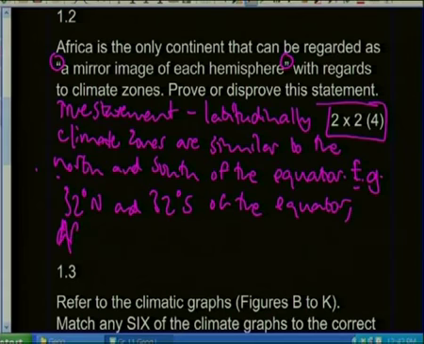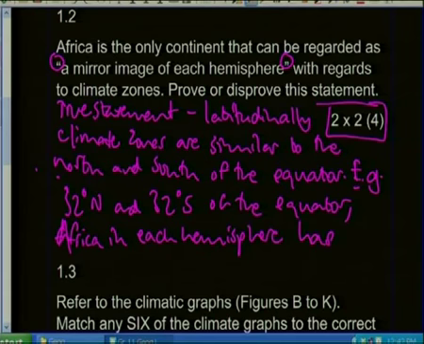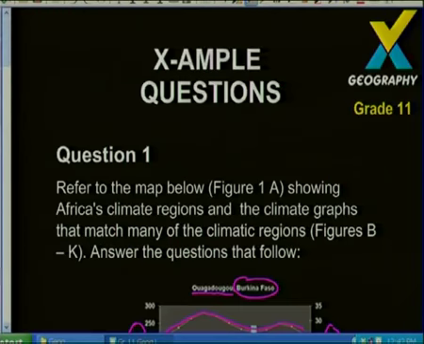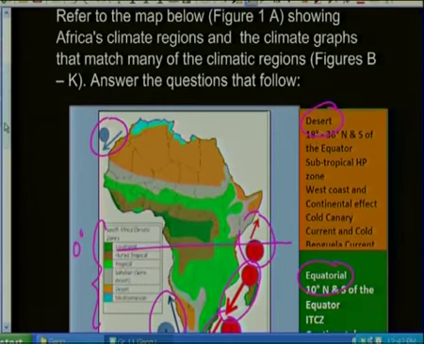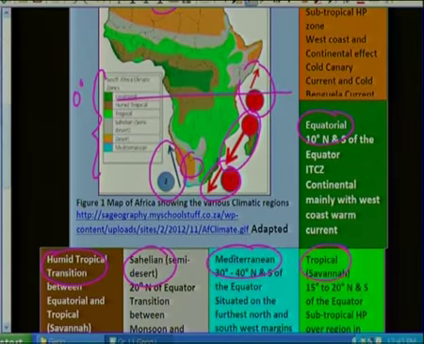Africa, capital A, in each hemisphere has a, now let's go and look, what type of climate? Look at your color coding on your map. There and there, those two yellow colors, what were they?